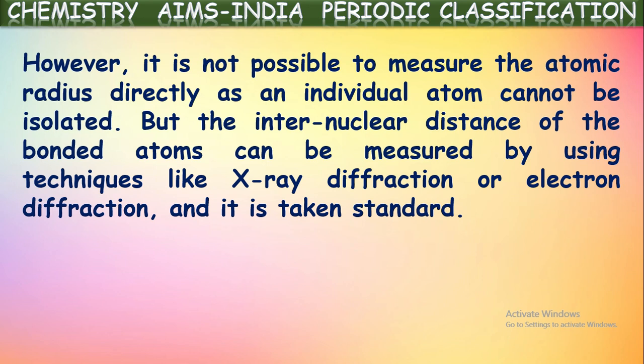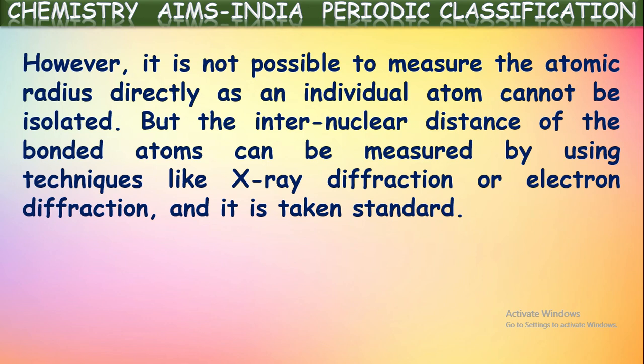That is why we compare the sizes by considering internuclear distances between the atoms which are present in a molecule. These internuclear distances can be measured by using certain techniques like X-ray diffraction and electron diffraction.